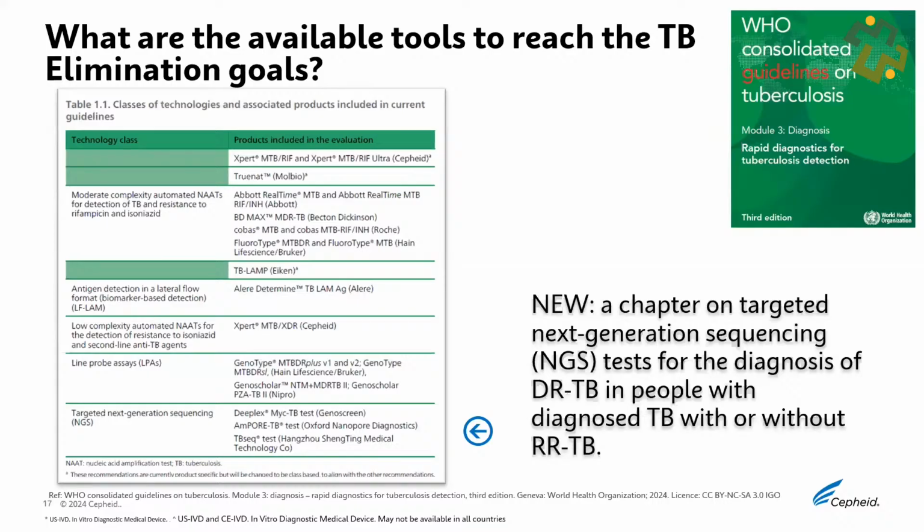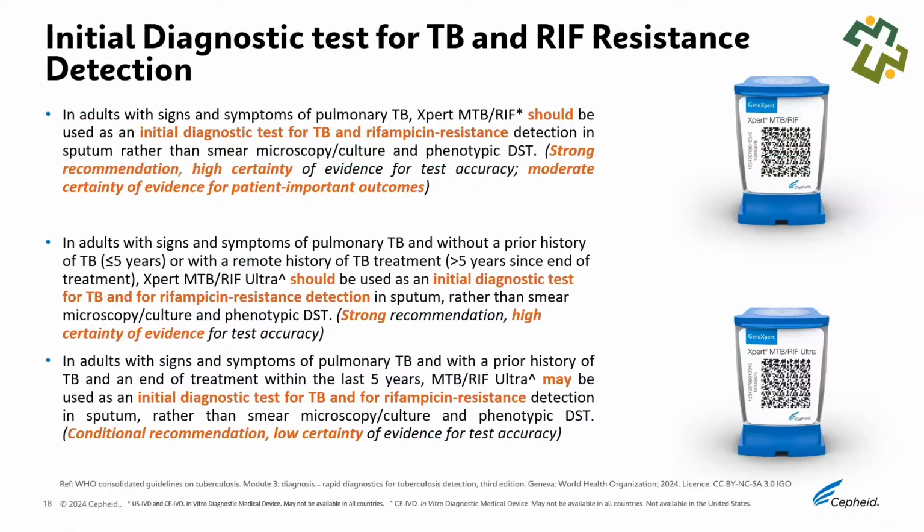That's why we have the WHO guiding us. And this guideline has all sorts of diagnostic technologies that are endorsed or recommended for TB diagnosis. So I'm going to take you through the recommendations on the subsequent slides.